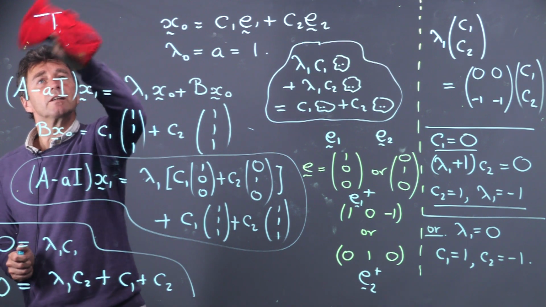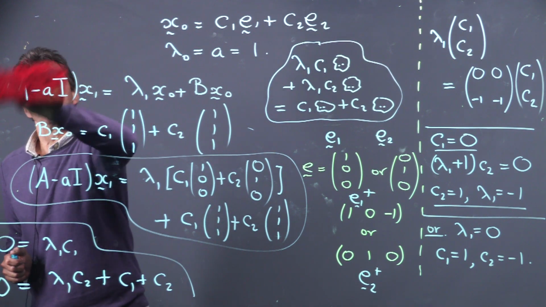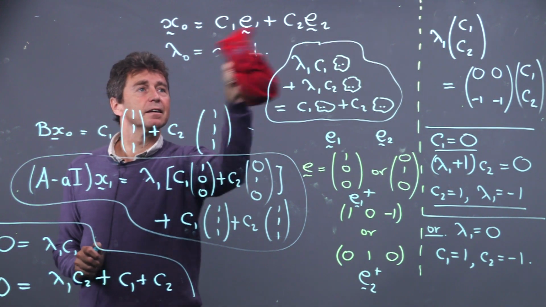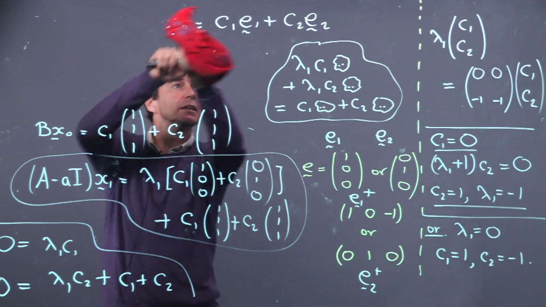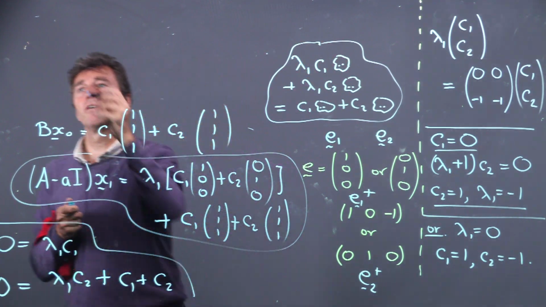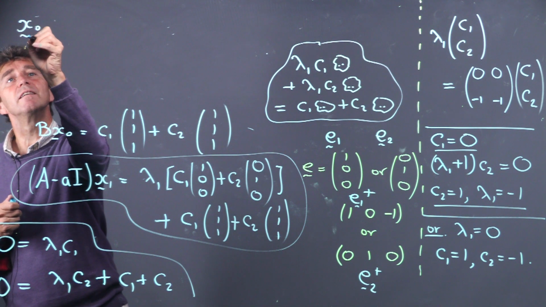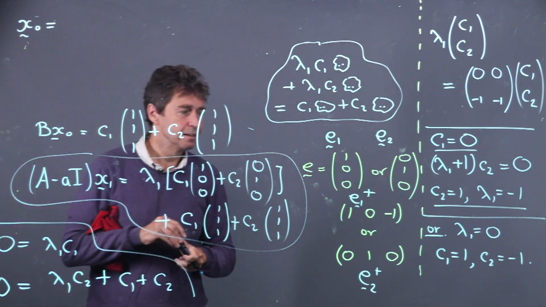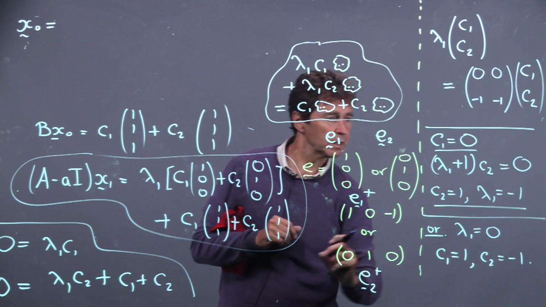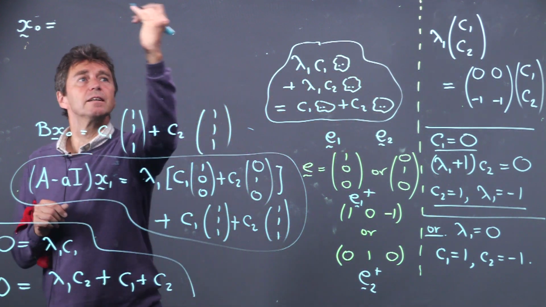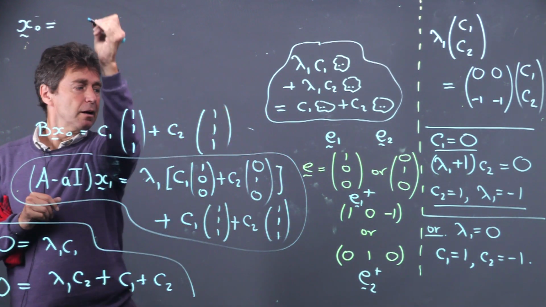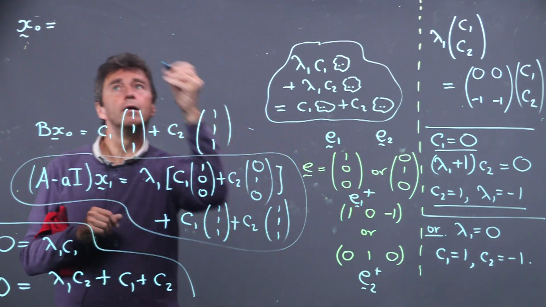It's kind of interesting the way it worked out now. So instead of solving the leading order problem and getting an answer, we had some ambiguity in the leading order solution. What we actually now find is that x0 is equal to either, well, I have this one, let's imagine we're doing this case. So that was to say that C1 was 0 and C2 is 1. So that means we had the E2.